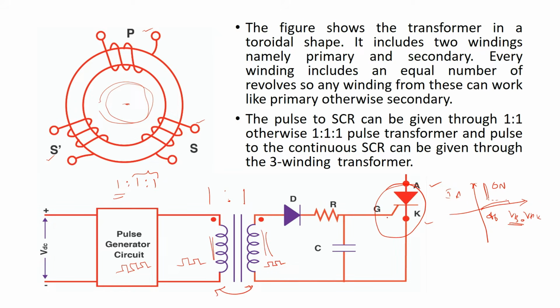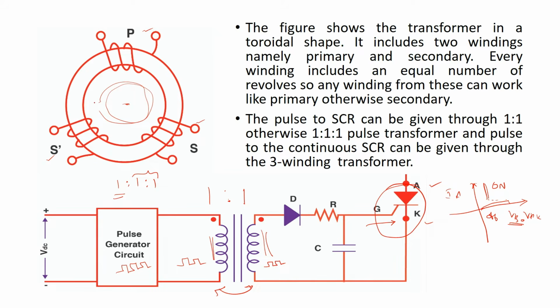Based on that, the gate current is applied through the pulses. Here, the pulse transformer is used to apply the gate pulses. Since it is maintained at 1 is to 1, with only three windings on the primary and secondary, the same amount of magnitude is transferred here.